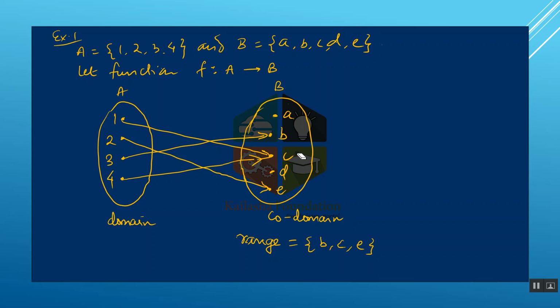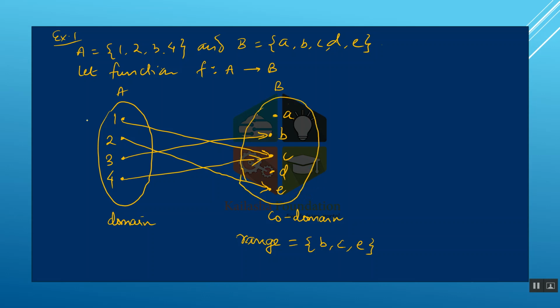But I'm talking about not more than one output. So we don't have to worry about this set. It can be anything. Maybe only one element is connected to the input set. That doesn't matter. The only thing that matters is every element in the input set is connected to something.